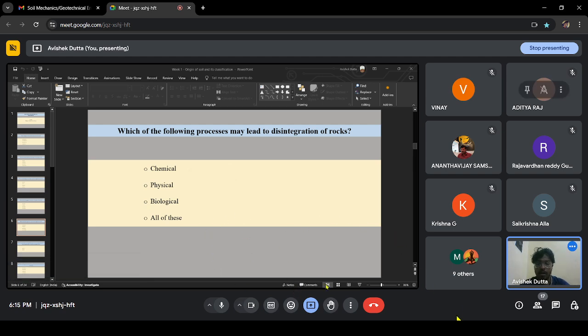I'll repeat the question. Which of the following processes may lead to disintegration of rocks? The options are chemical, physical, biological, or all of these.